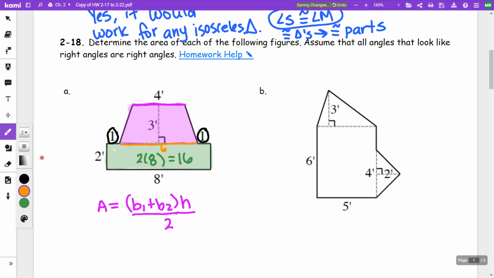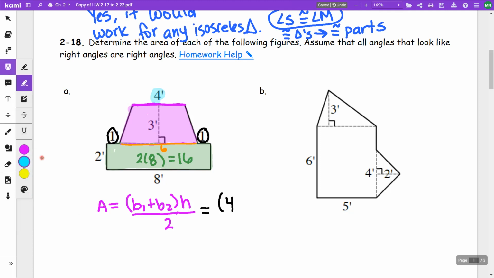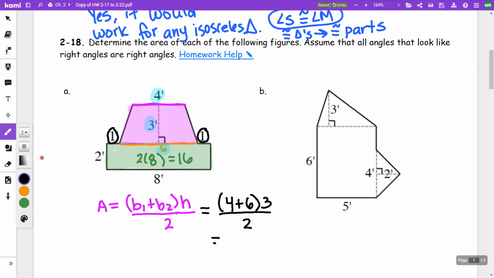So now I am going to have my base 1, which is 4, plus my base 2, which is the 6, times the height. Now, the height is always the perpendicular one, so it's that 3, divided by 2. So that's going to be 10 times 3 divided by 2, or 15. So the area of this one is going to be 15.